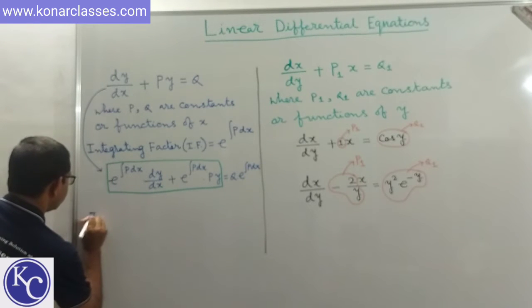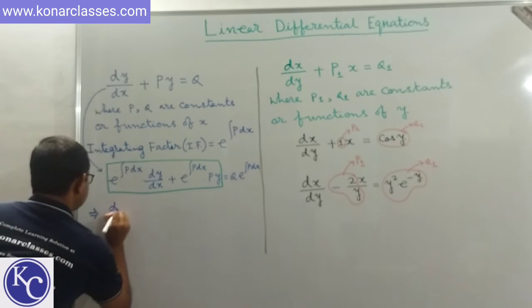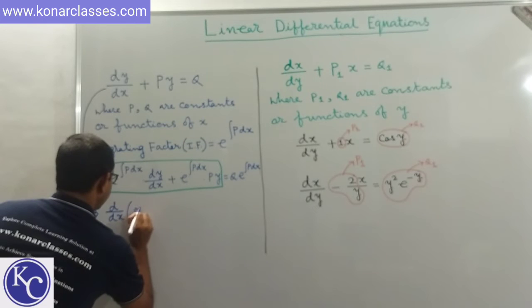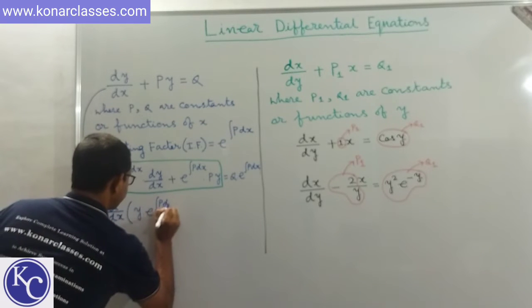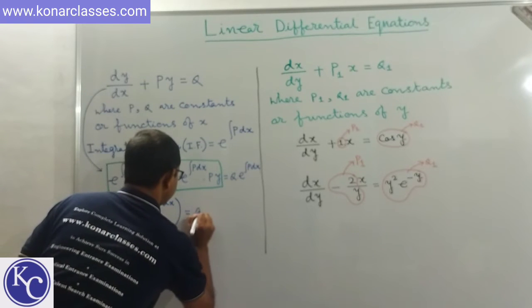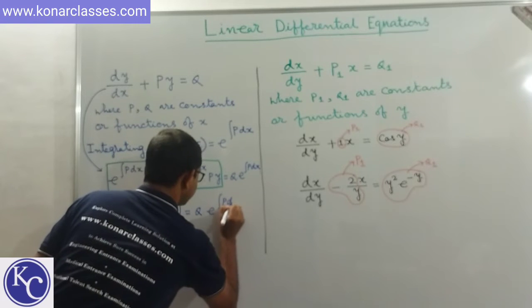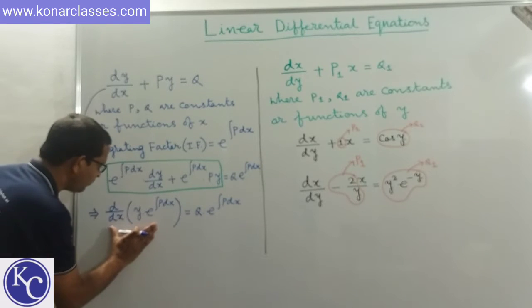Whatever I have marked in the green box is nothing but d dx of y into e power integration p dx. Let me explain why it is so. And the right hand side is as it is, q into e power integration p dx.